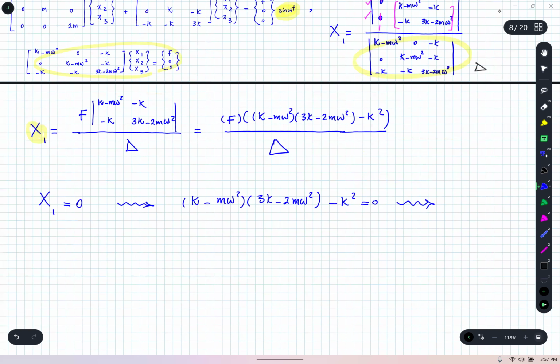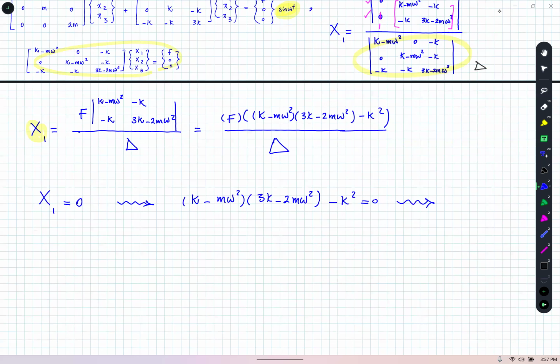Do the math, and happily, you're going to find two values for omega. One is 2k divided by m. Another one is actually k divided by 2m.